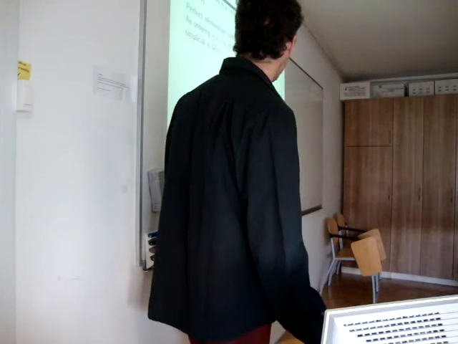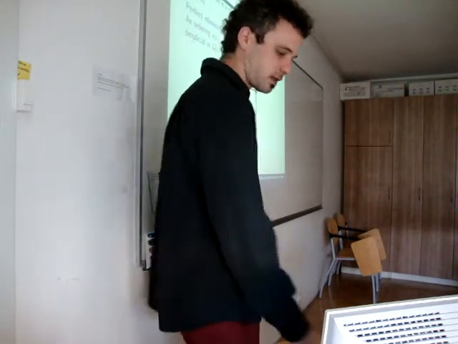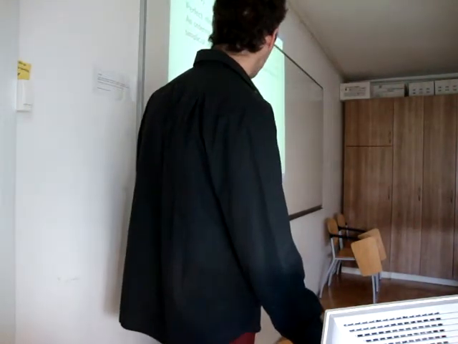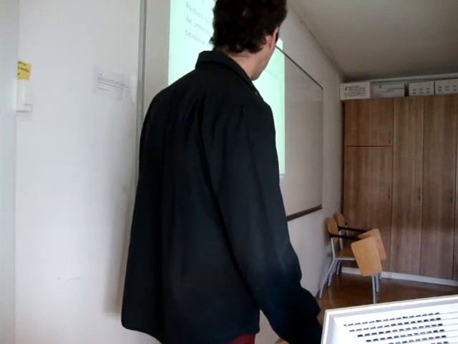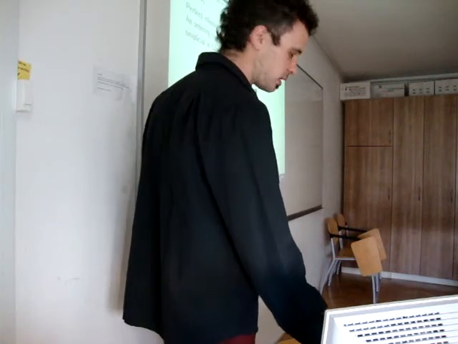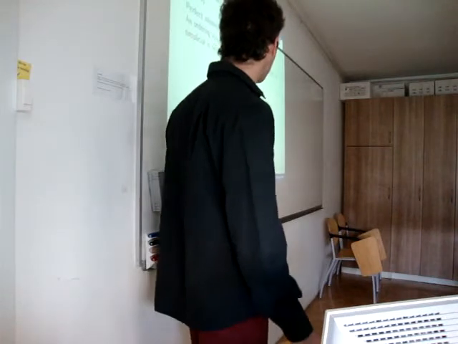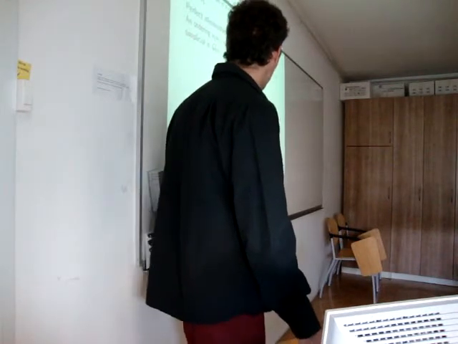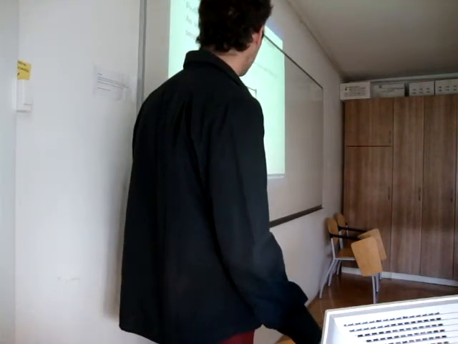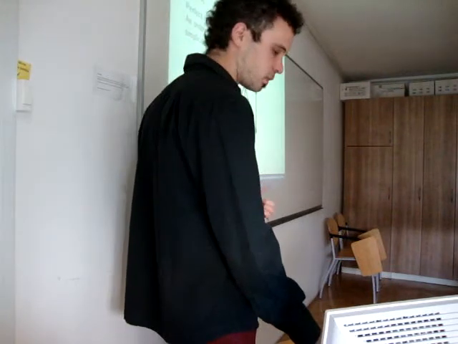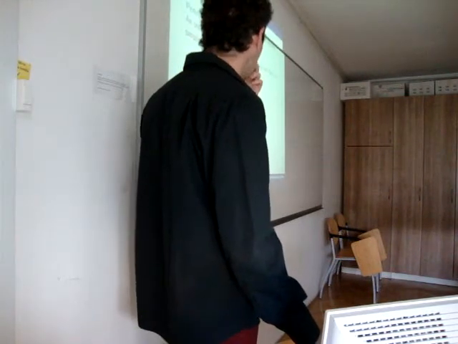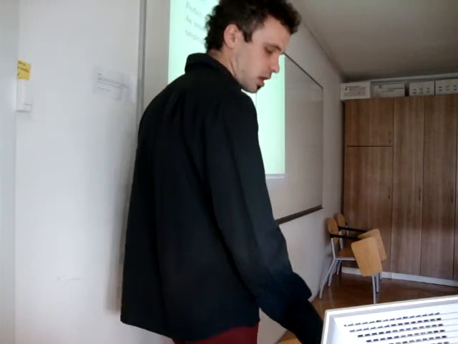So, for example, if we consider this graph, it has a couple of simplicial vertices, particularly this one at the left. So this vertex could be the first one of a perfect elimination ordering.